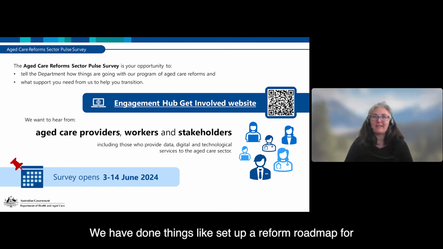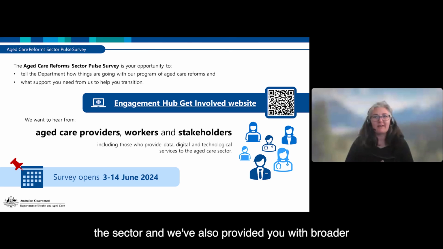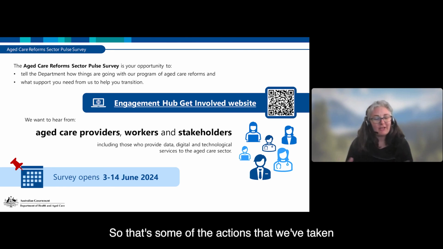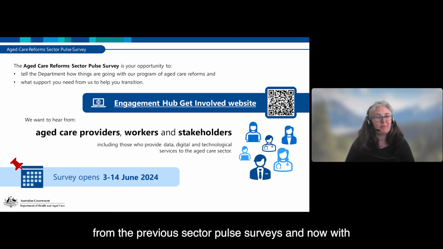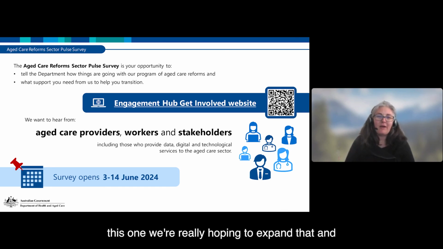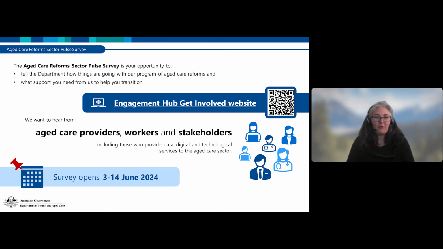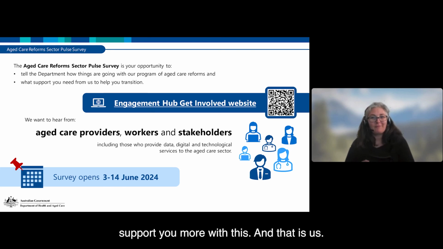We set up a reform roadmap for the sector, and we've also provided broader visibility as to who in the department is project lead. Now with this one, we're hoping to expand that and use the information you provide to help support you more.